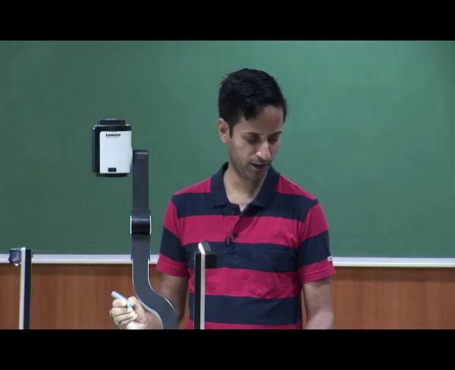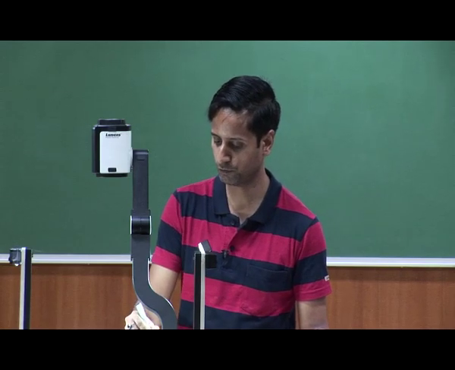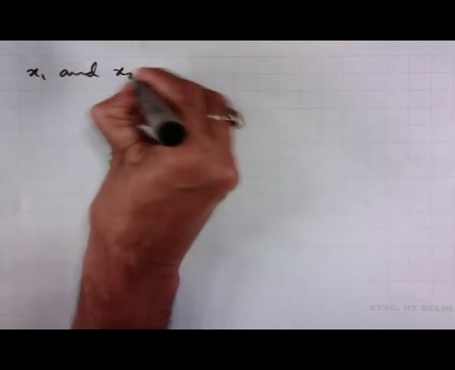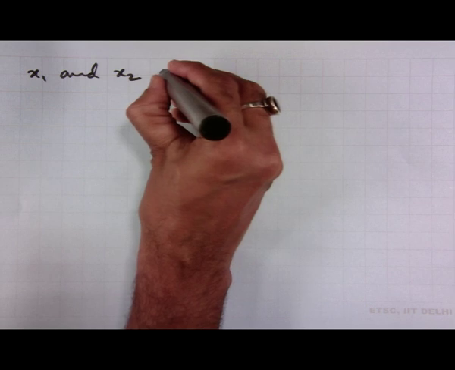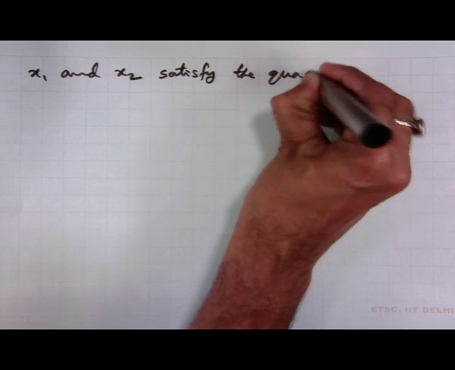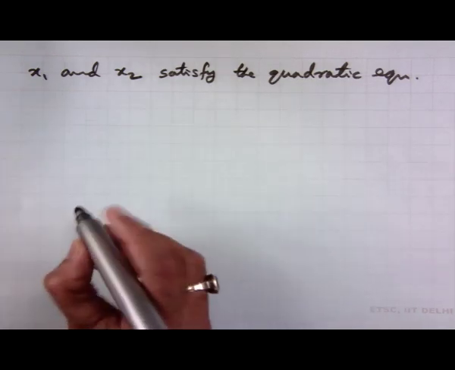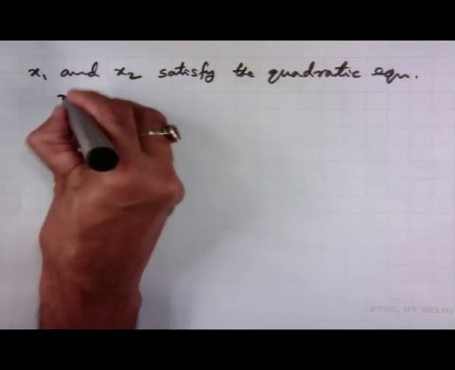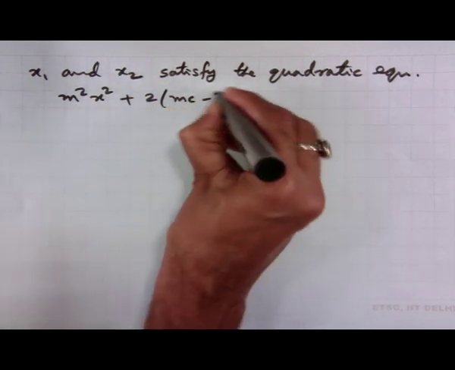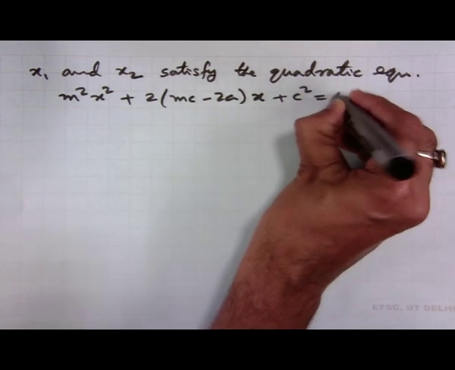Now, what we have seen is that x 1 and x 2 satisfy the quadratic equation that we have derived, m square x square plus 2 times (m c minus 2 a) x plus c square equal to 0.